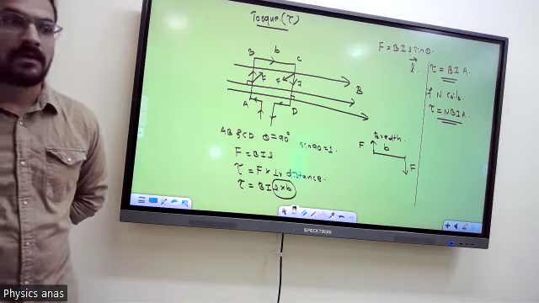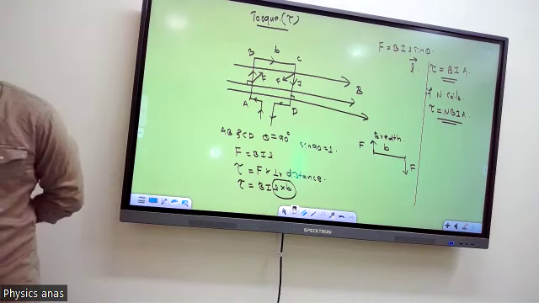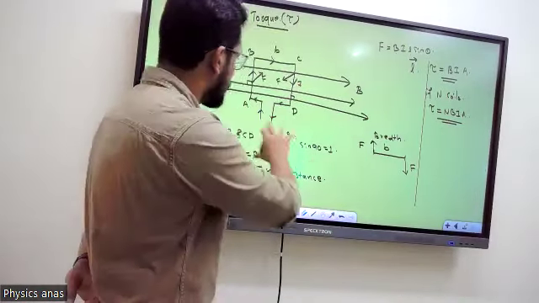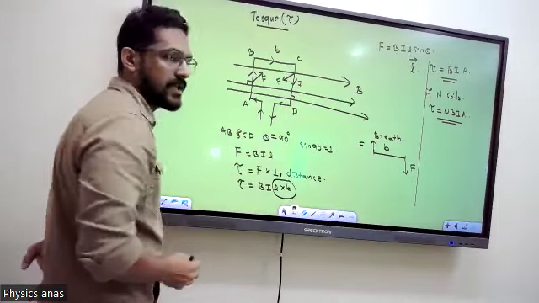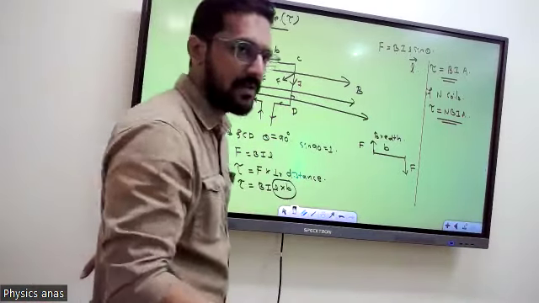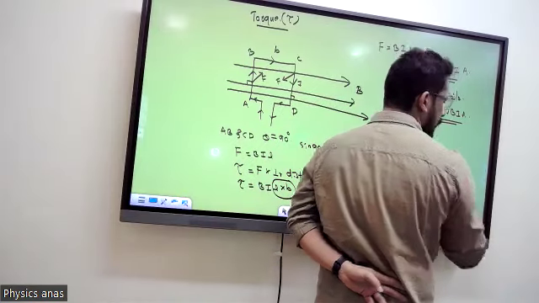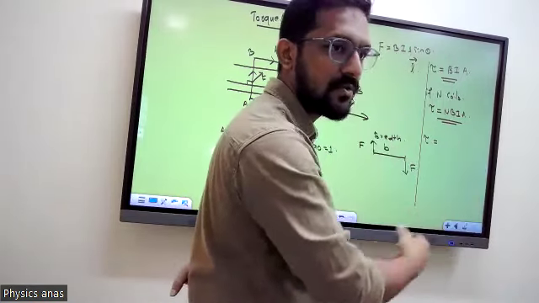Got it? Now, this is the case if theta is 90. If theta has any other value, skipping the small derivation part, I will give you the equation.